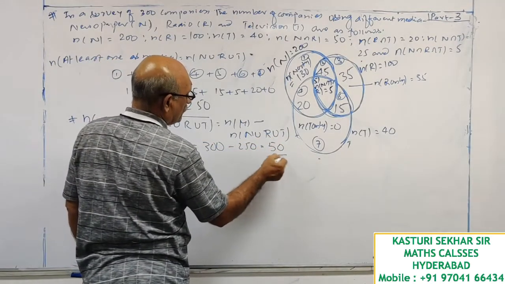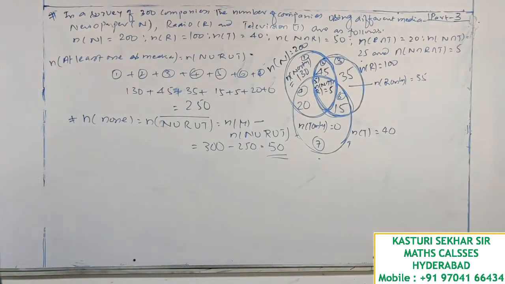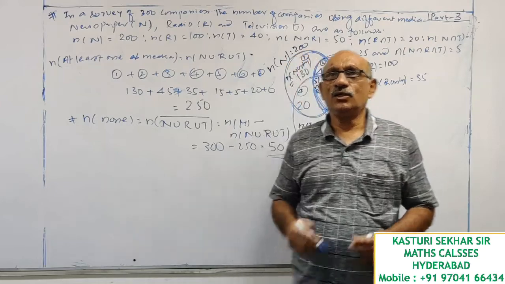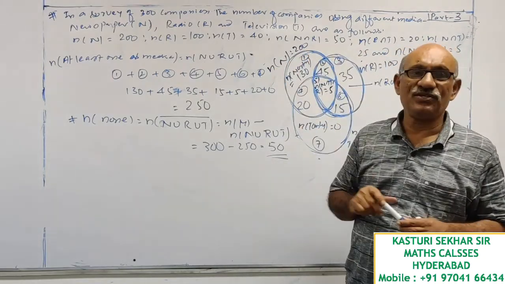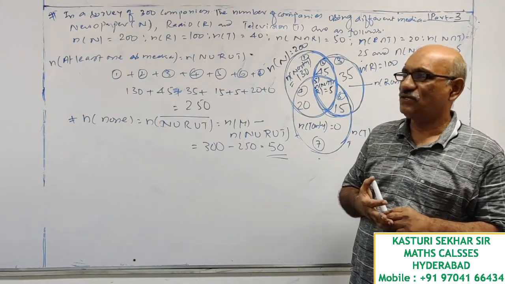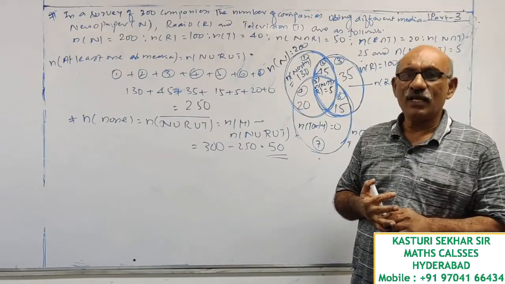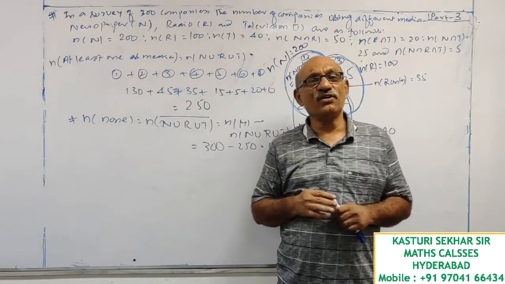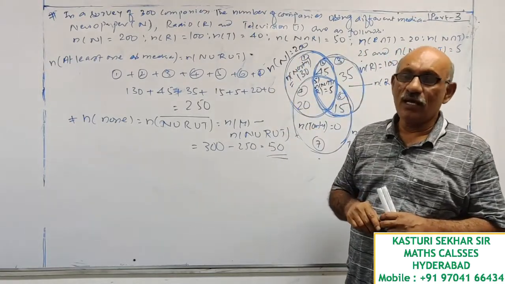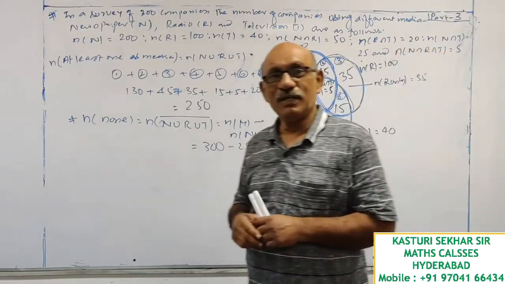This is 50. So this is the maximum information we have from three sets. Some good practice with presence of mind is required when you are solving the problems. Okay, let me take up the next one.